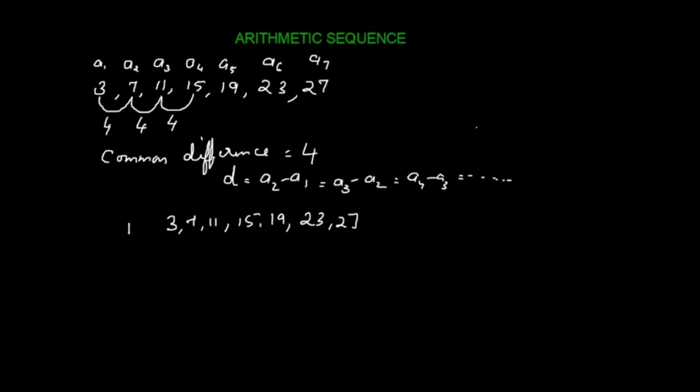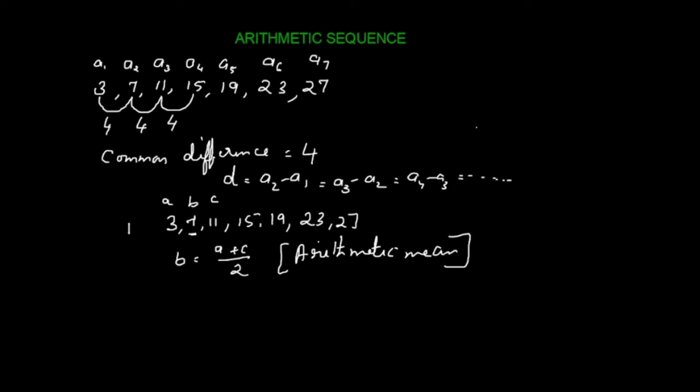So suppose this is A, B, C. First term is A, second term is 7 and the third term is C. So B, the middle term, is equal to (A plus C) by 2. This is known as the arithmetic mean. This is the formula for the arithmetic mean.